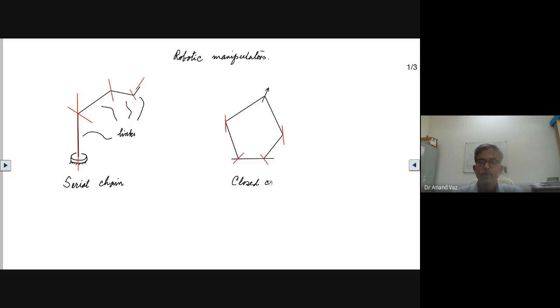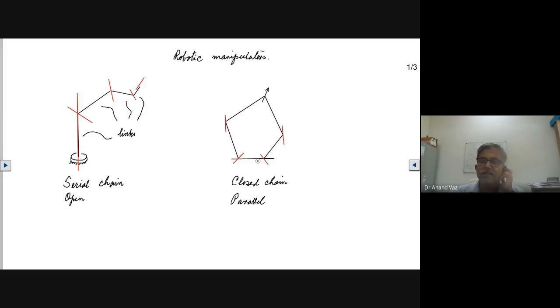This was actually an open chain, a serial chain or an open chain. So this is a closed chain. We also call it parallel manipulators. Now these are just configurations and each configuration has its significance.